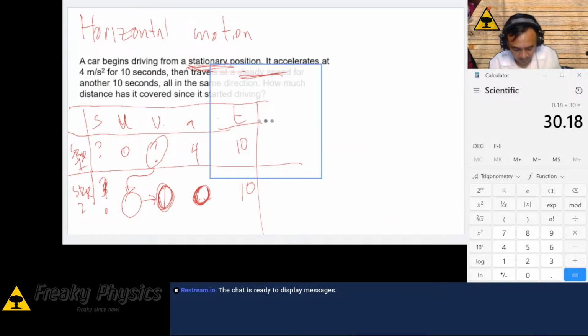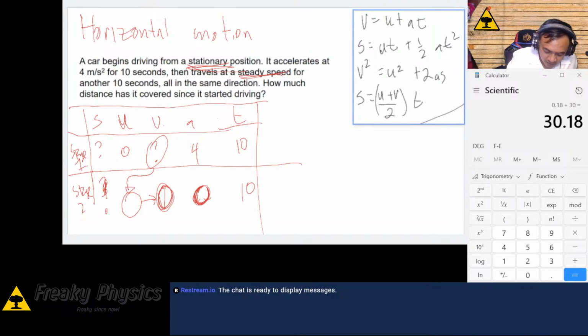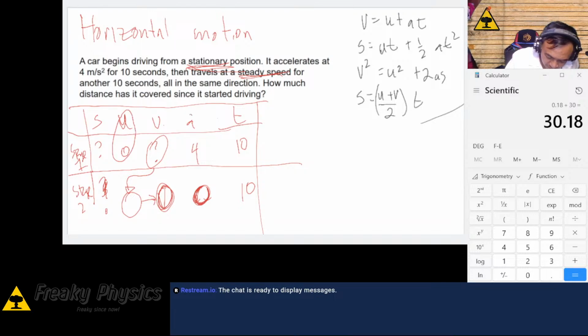We can see here that we have u, we have a, we have t, we're looking for s, right? So the first part is that we're looking for s.